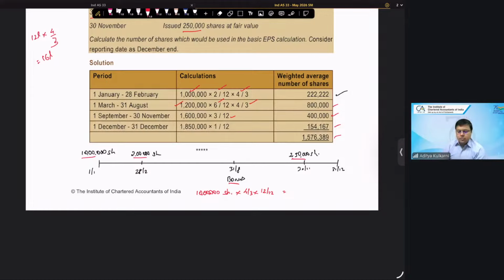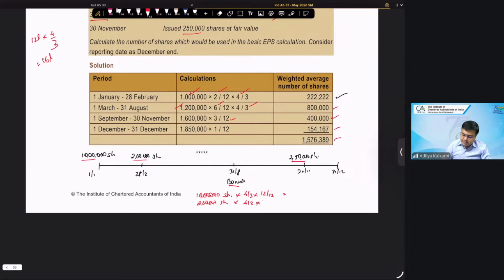So this gives you one figure. The next shares, 2 lakh shares, these are also entitled to bonus, but these are in existence for how many months? These are in existence for 10 months, correct? Is that how you have done it? Yes, sir.